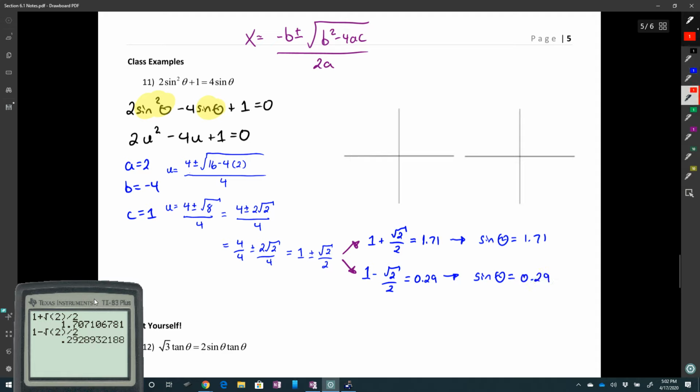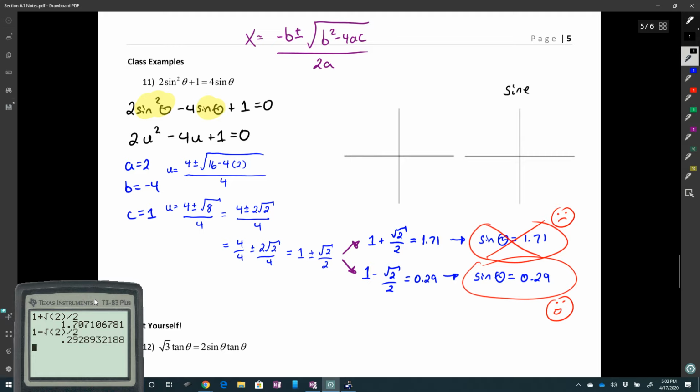Well, like we did in the very beginning of the section, sine can't be larger than 1 or smaller than negative 1. So this is no solution. But this one works out. So really I didn't need two separate ones, I just needed one.